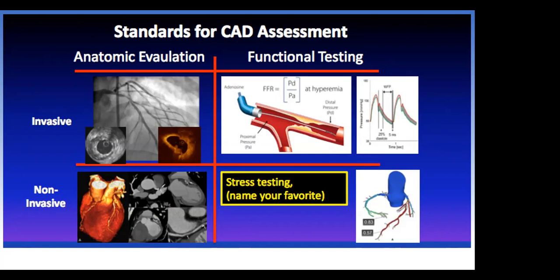Then that leaves us with the invasive testing in a cath lab, where we have intracoronary imaging, either IVUS or OCT, and then physiological assessment of the lesion, FFR and iFR. The most important part is to understand that anatomy drives the physiology.